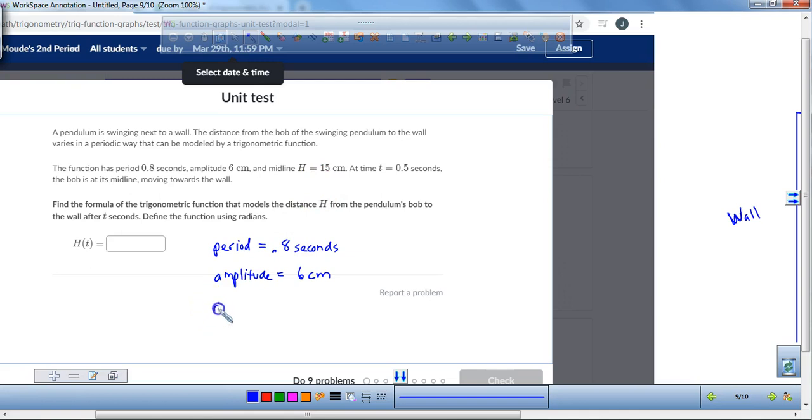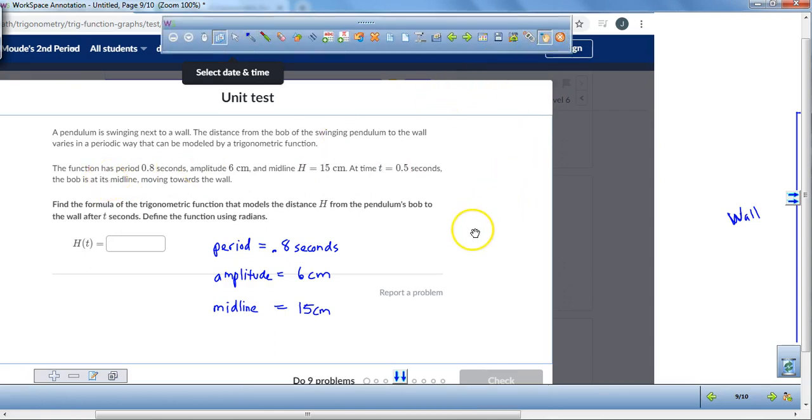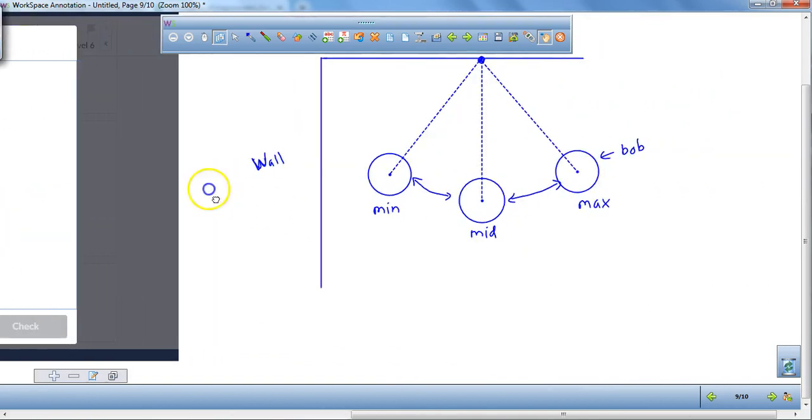Midline is at 15 centimeters. And then it says at the time when it's 0.5 seconds, the bob is at its midline. That's going to help us. At half of a second, it's at its midline.